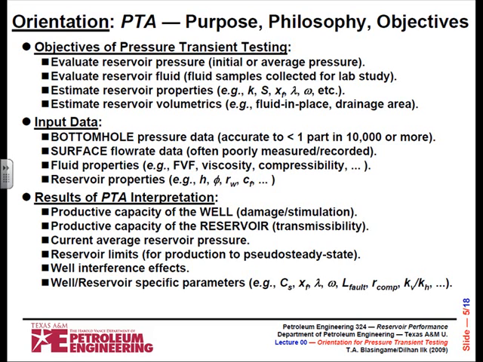Now, the input data for our analysis is going to be bottom hole pressure data. That means it's accurate to 1 part in 10,000. Is that a good thing? What's the old accuracy? Maybe 5 parts in 1,000. So you get 2 significant digits. I'm claiming you'll get 4 or 5 here, but you probably won't. Different companies, Halliburton claims they've got a gauge that's good to 1 in 100,000.